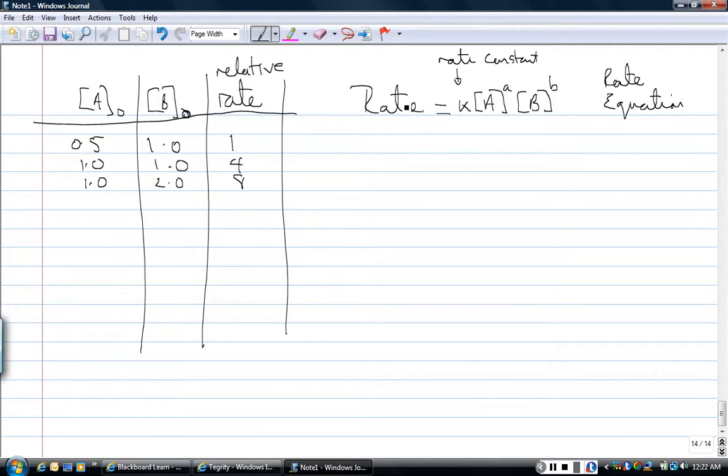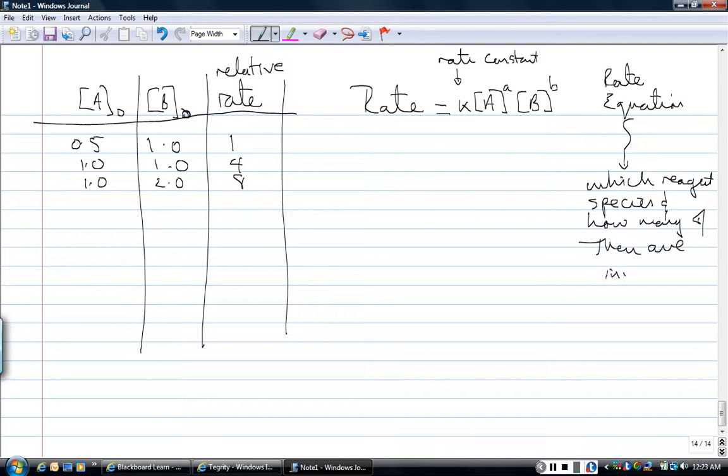The rate equation is important because the rate equation tells us which reagent species, and how many of them, are involved in the reaction up to and including the rate determining step.